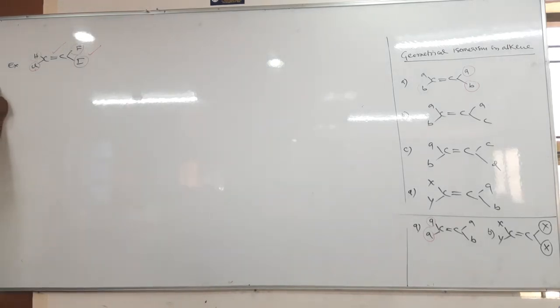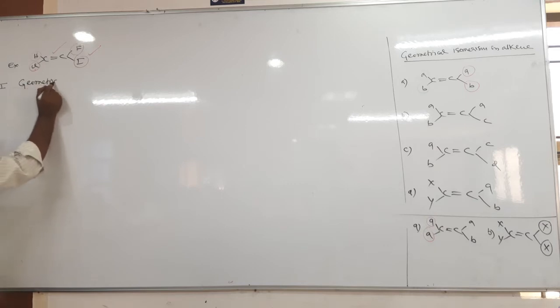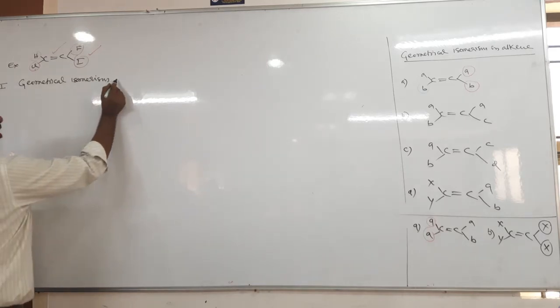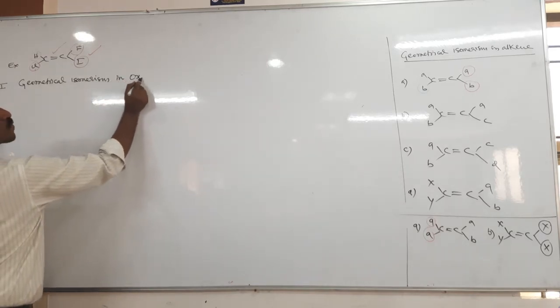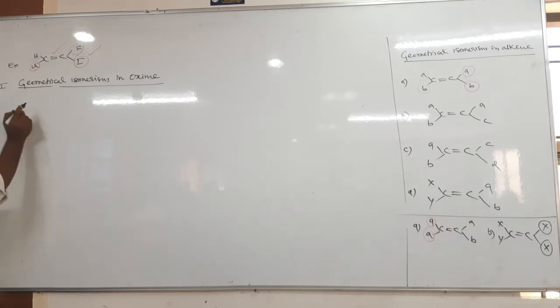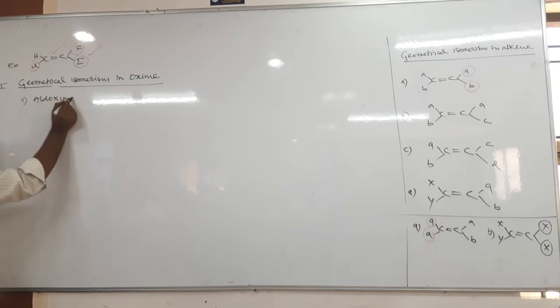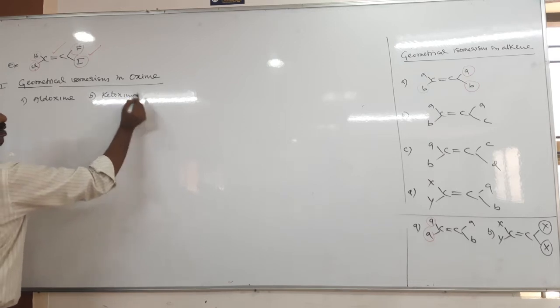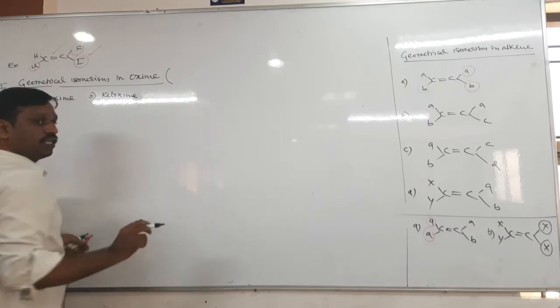Second one is geometrical isomerism in oximes. Oximes are of two types: aldoxime and ketoxime.